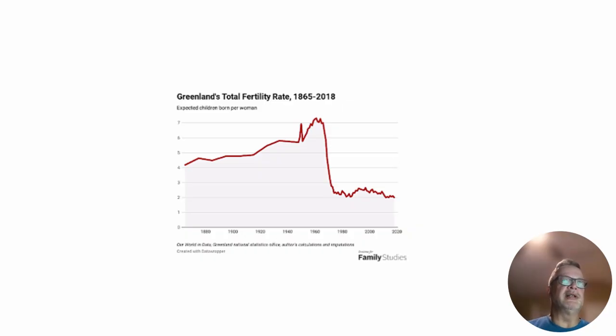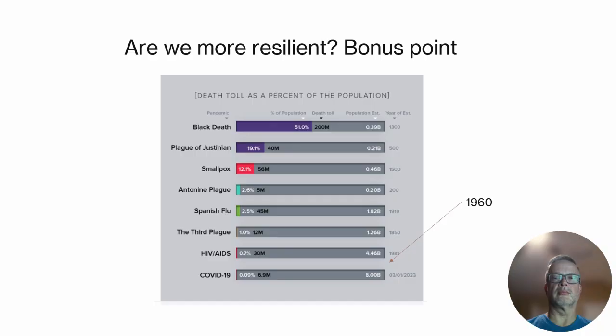Greenland is a very fashionable topic these days. So stunningly, the same pattern happens all over the place. I'm showing Greenland just for laughs and giggles, and yeah, same fertility rate drop.